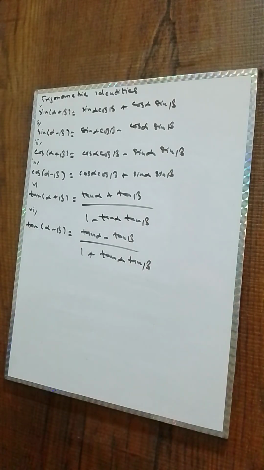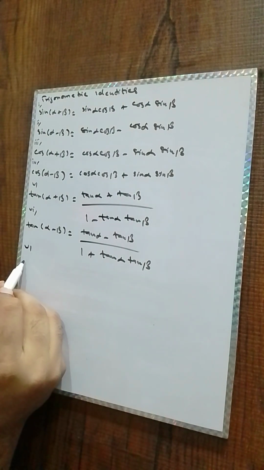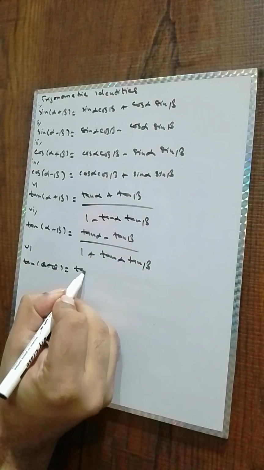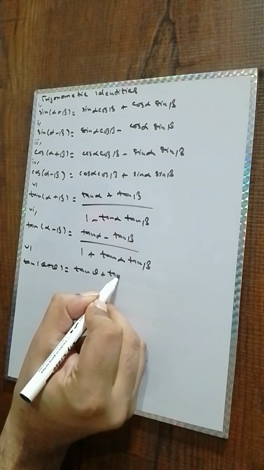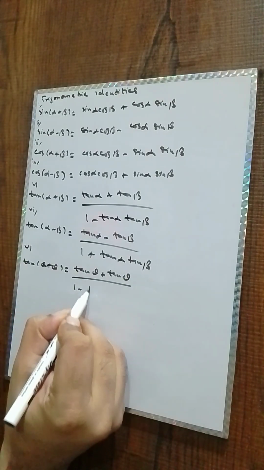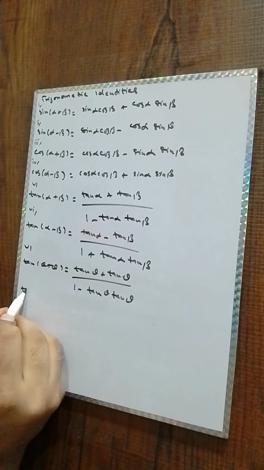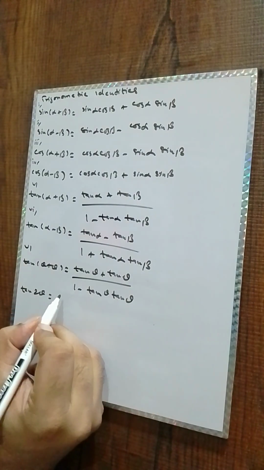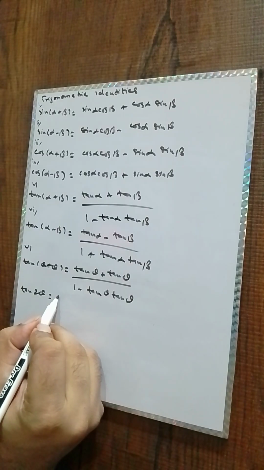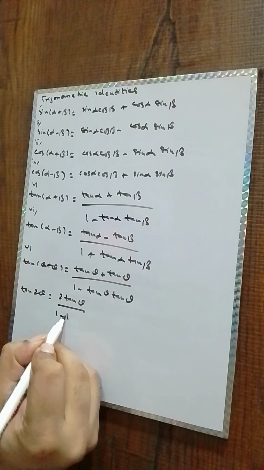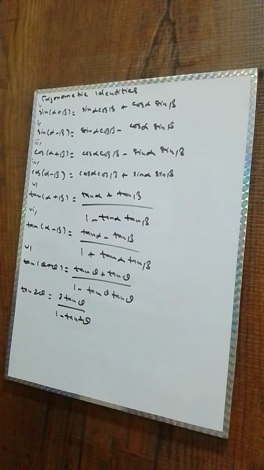So the fifth one says tangent of theta plus theta is equal to tangent theta plus tangent theta by 1 minus tangent theta tangent theta. So tangent 2 theta is equal to 2 tangent theta by 1 minus tangent square theta.